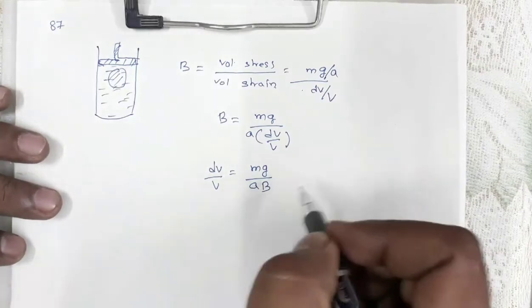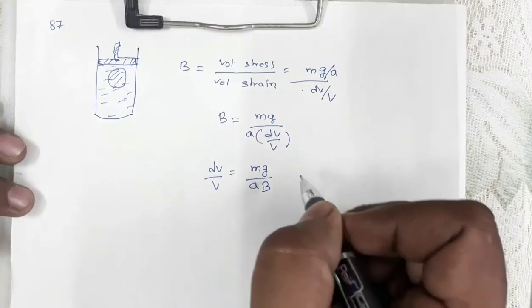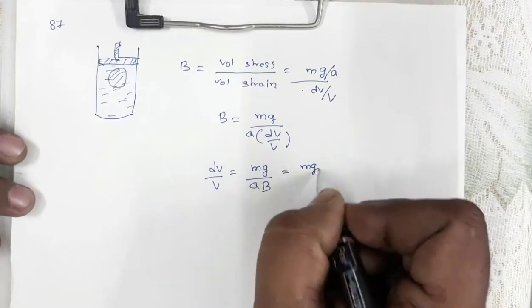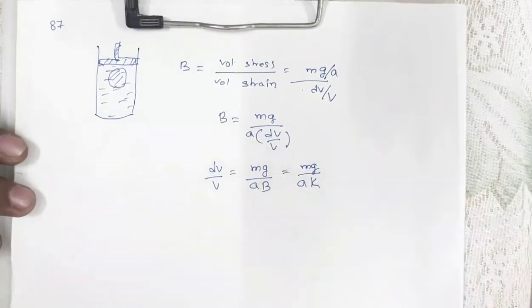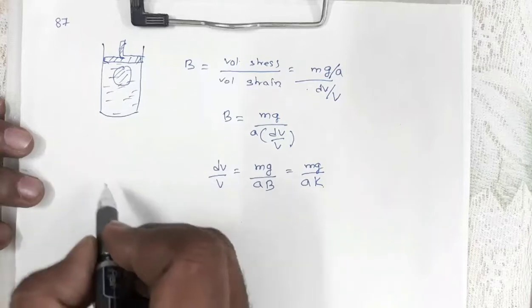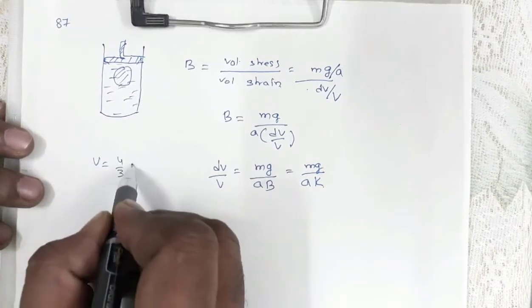Now in this case, in the question, bulk modulus is given to be K, so let me write it as A into K. So this is dV by V. Now volume of sphere V is equal to 4 by 3 pi r cube.